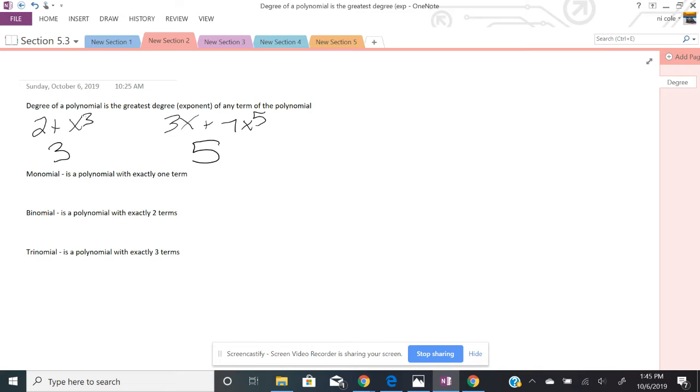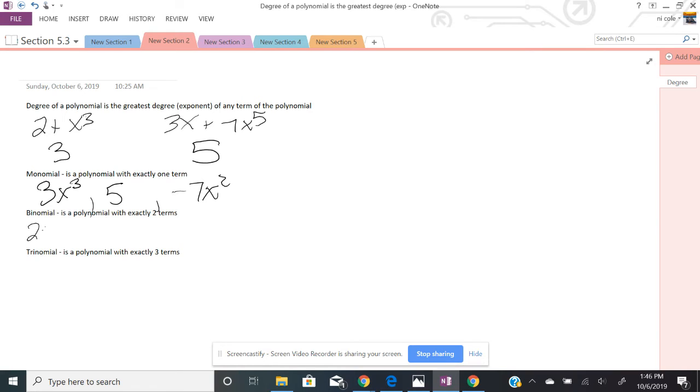Another thing you need to know is monomial, binomial, and trinomial. A monomial is a polynomial with exactly one term. So that could be 3x cubed, or just 5, or negative 7x squared. Those are all monomial terms. A binomial is a polynomial with exactly 2 terms.